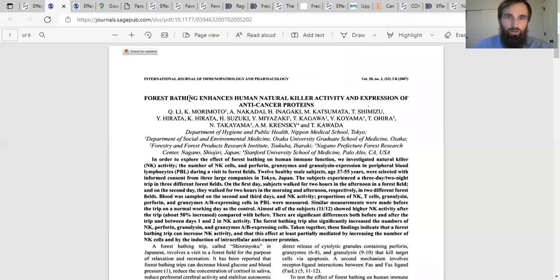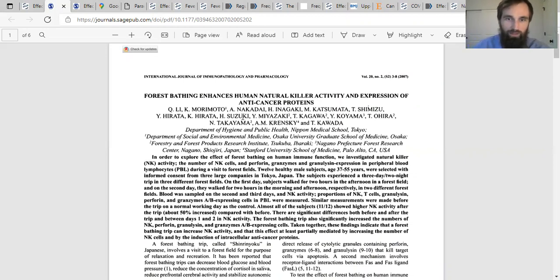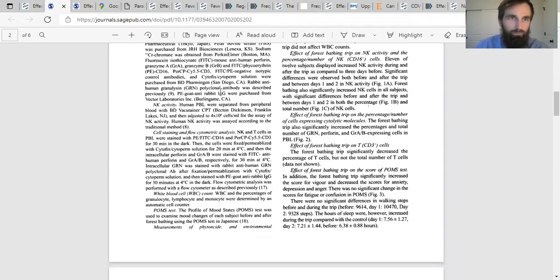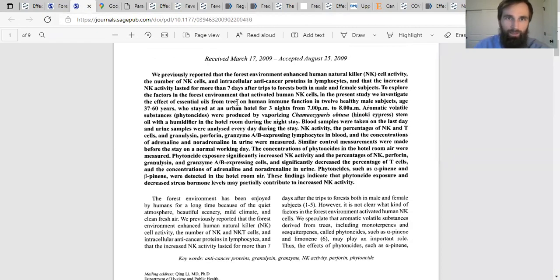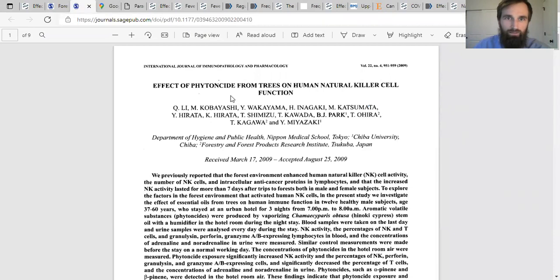Now, they did more. They did forest bathing enhances natural killer activity and expression of anti-cancer proteins. We're not going to go through this one, but this was also done in Japan by the same researchers. They wanted to look into it further, and effects of phytoncide from trees on human natural killer cell function. This one was actually not done in the forest.